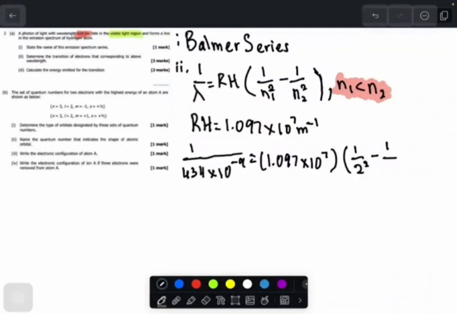Maybe from n5, maybe some other level, we just don't know what number it's dropping from.